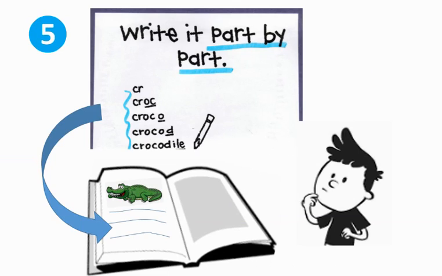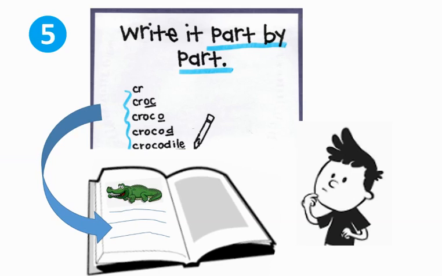And the 5th way, this is a strategy you can use on those long words that have so many syllables. Let's say you're writing a story about a crocodile or an alligator. Well, here's crocodile. You say the word part by part, syllable by syllable.